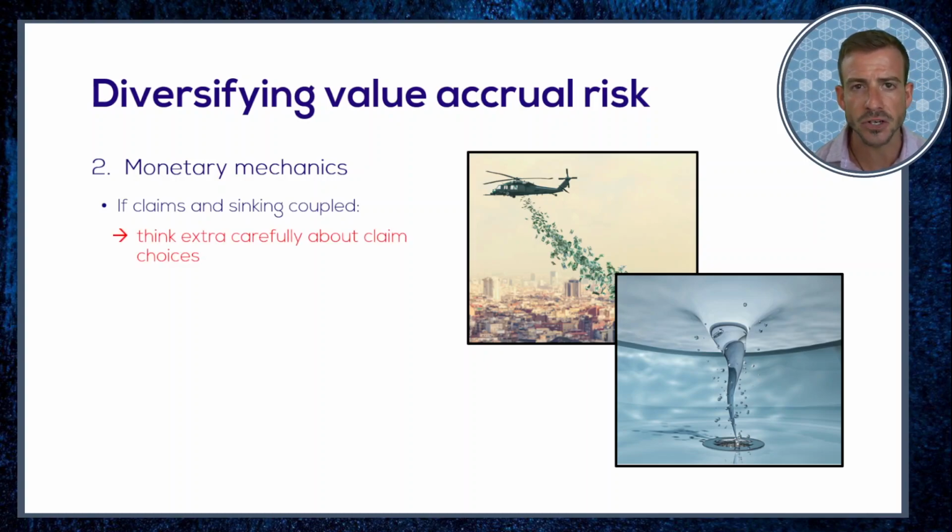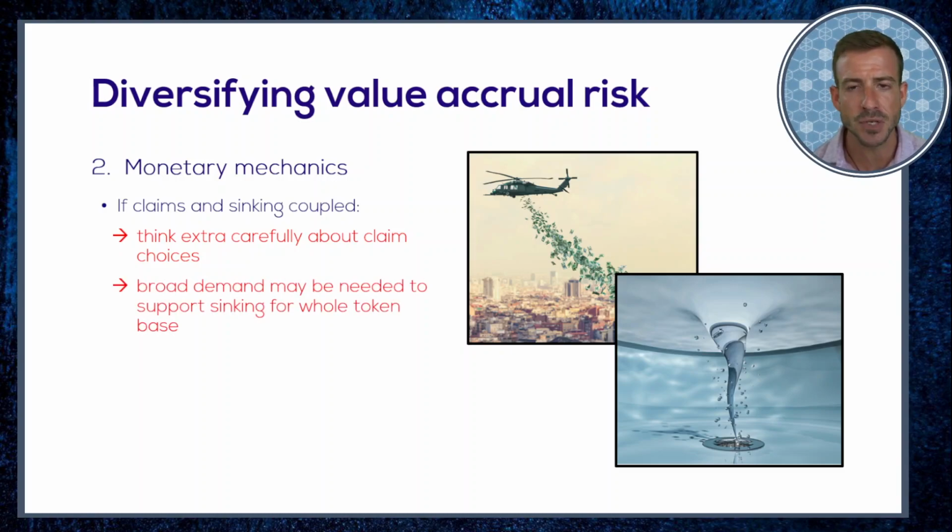If we're choosing exogenous value claims in order to sustain sinking under depressed economic conditions, we'd better make users an offer that's likely to be chosen by a large share of our token holders in order for our sink to continue performing effectively in a downturn. Part of this analysis could involve examining how consumption behaviors change under different valuation scenarios.